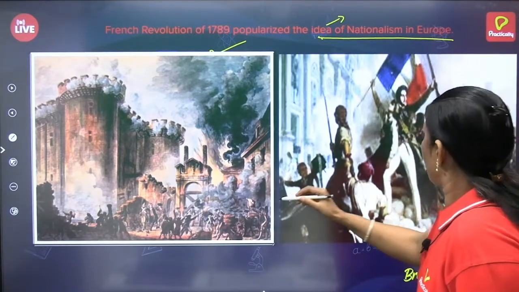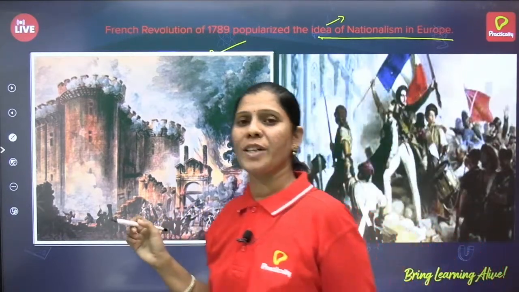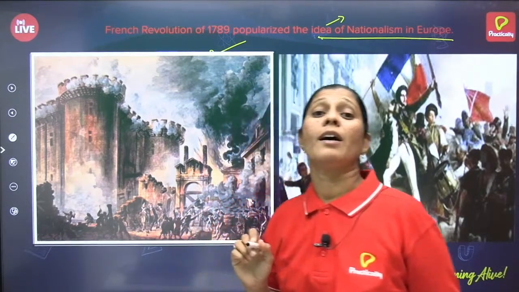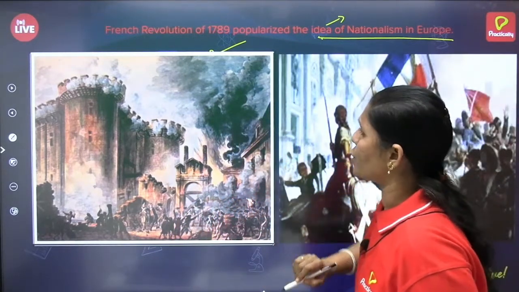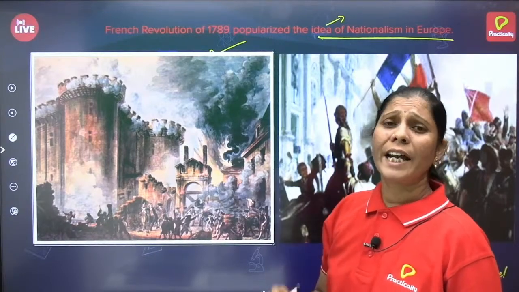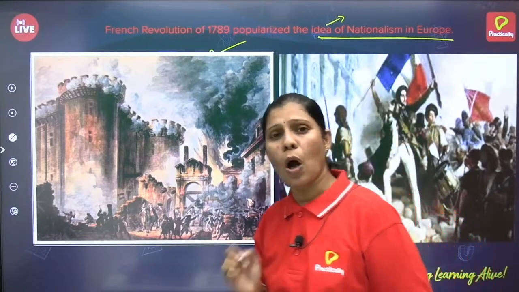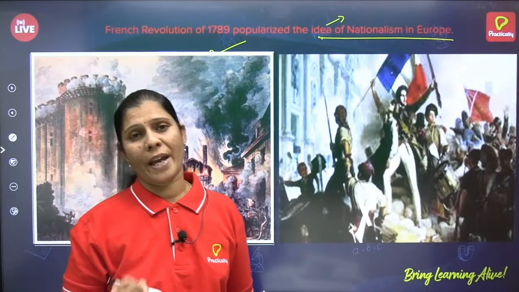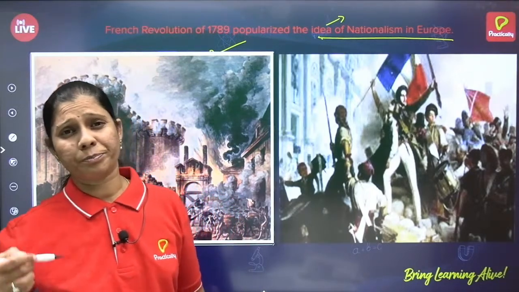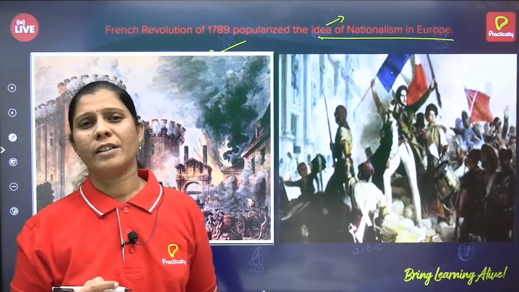Especially what we have studied, like La Patria, La Citoyenneté, these different types of common ideas were spread. Even during the French Revolution, people designed flags for their nations. They designed songs for the nations. Through their songs, operas and different cultures and traditions, they extended their nationalism.